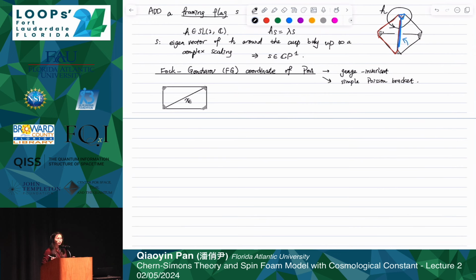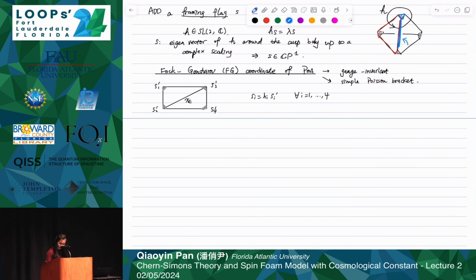And how do we do that? First, because we introduced a framing flag to each cusp boundary, say S1 prime, S2 prime, S4 prime, S3 prime, the first thing to do is to parallel transport them to a common point. I define Si equals Hi, which is the holonomy, acting on Si prime, for i equals 1 to 4, because I have 4 cusp boundaries.